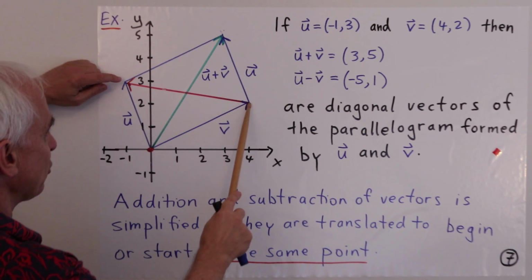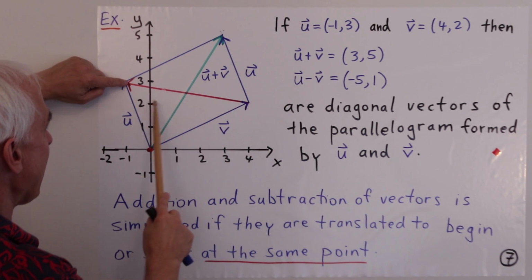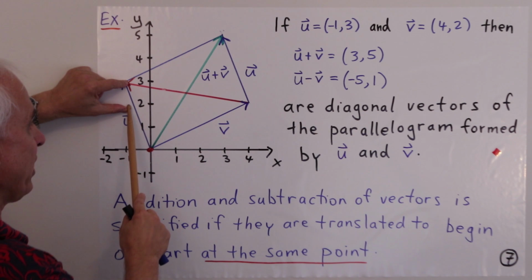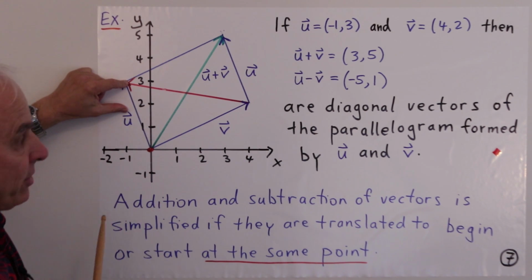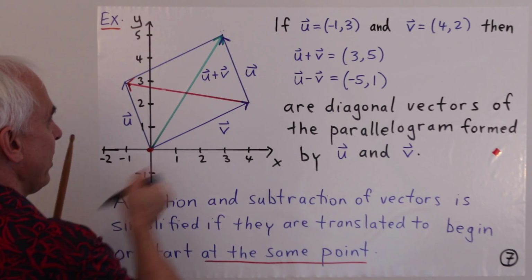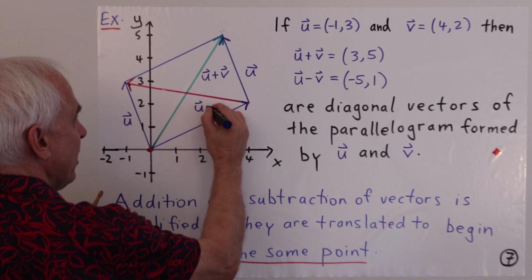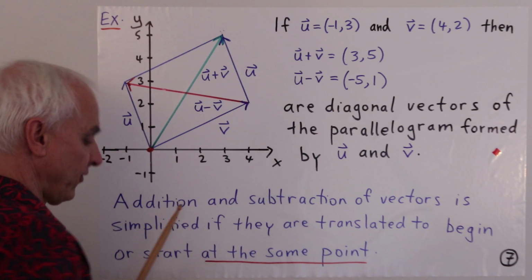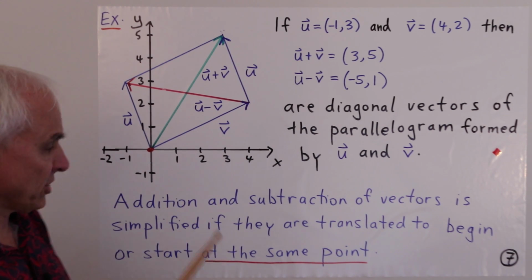You can see that because to go from here to here, we have to go 5 over in the x direction and 1 up in the y direction. So this is the vector -5, 1. We can write u minus v under the red one. That's where it is. And so what's the rule?